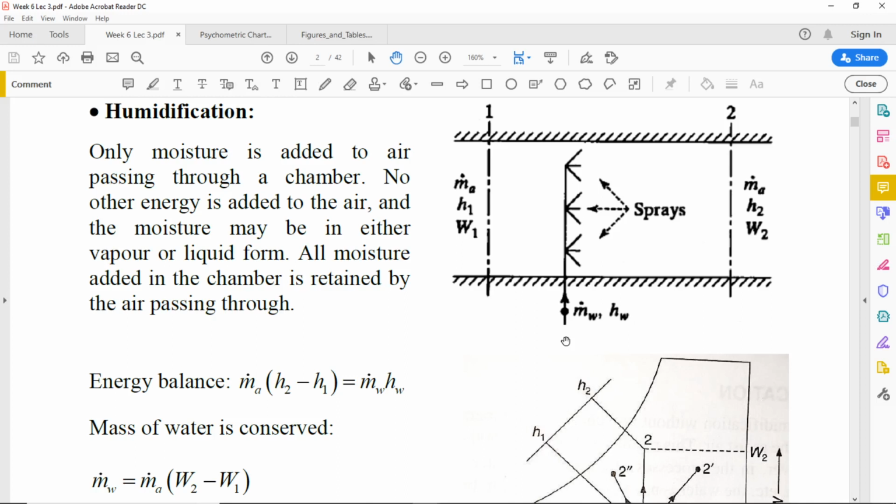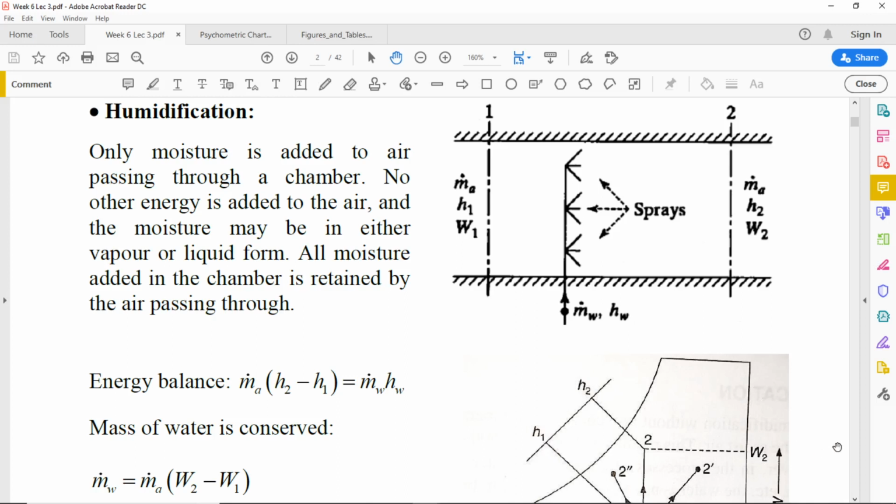It is assumed that all the water that is sprayed into the air stream is retained by the air as it leaves the duct, and the duct or the chamber in which the humidification process is carried out is perfectly insulated, so there is no energy exchange with the surroundings.